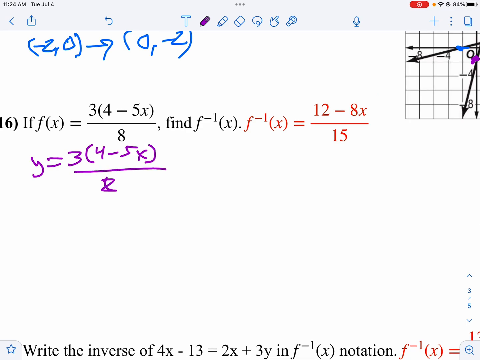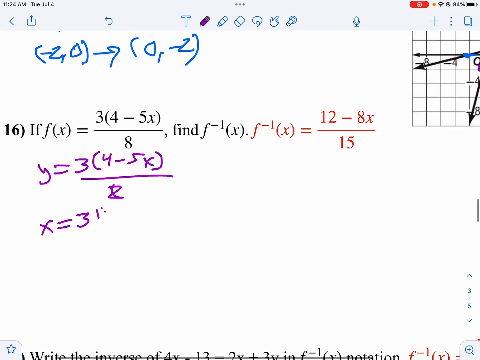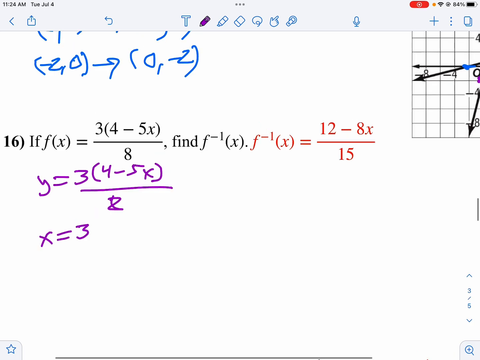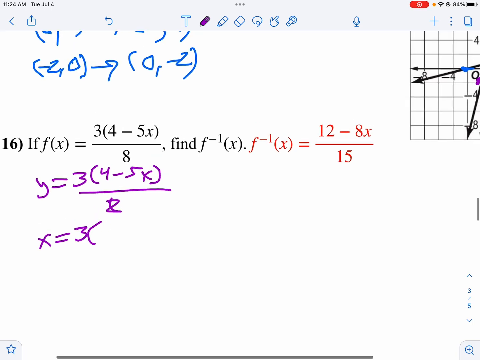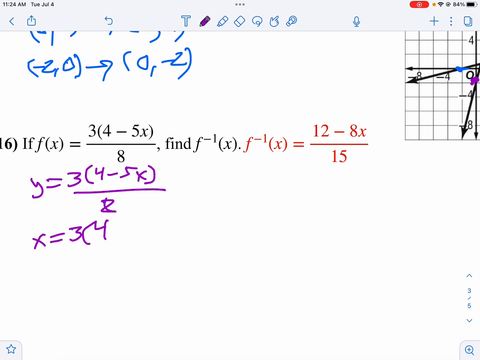And then I'll flip my x's and y's around. So x equals 3 times 4 minus 5y all over 8.